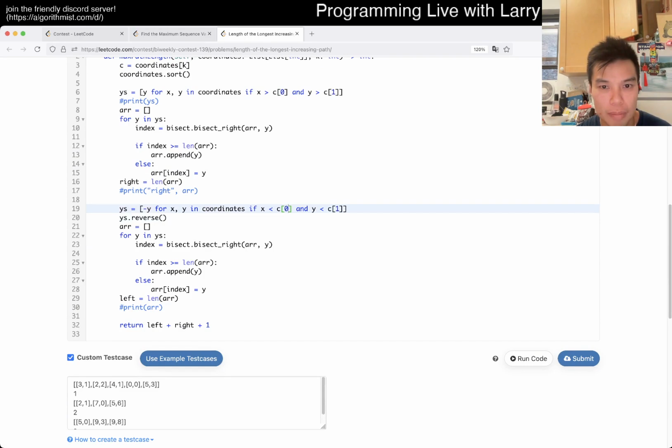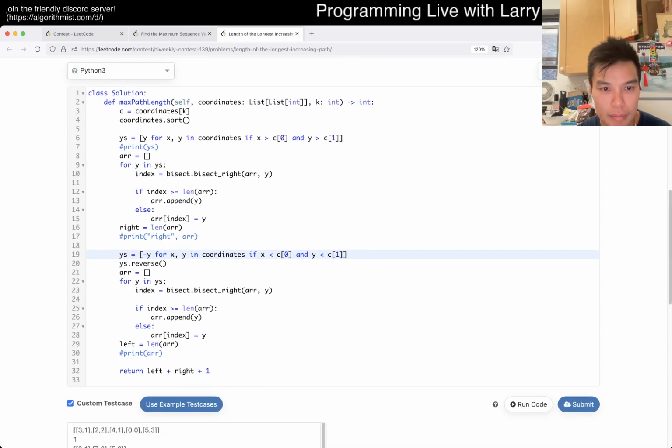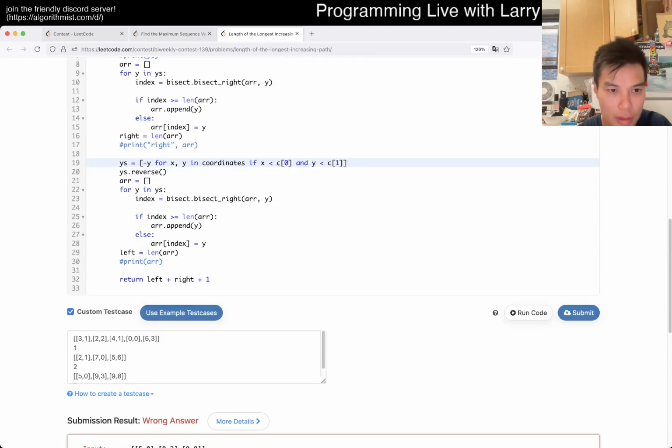The idea should be right, but maybe I'm wrong on this one.